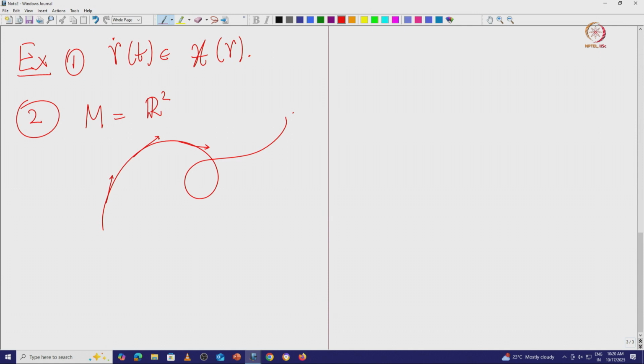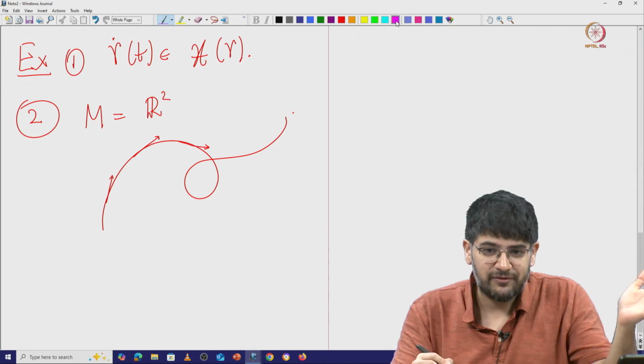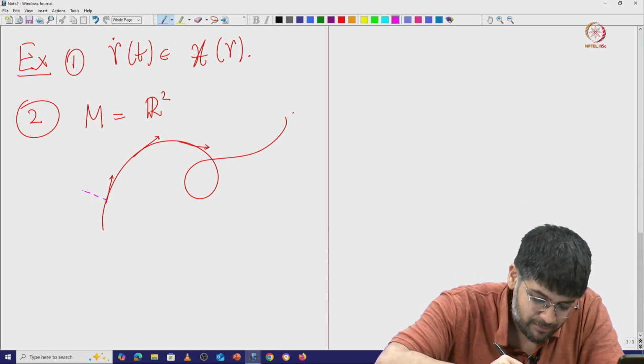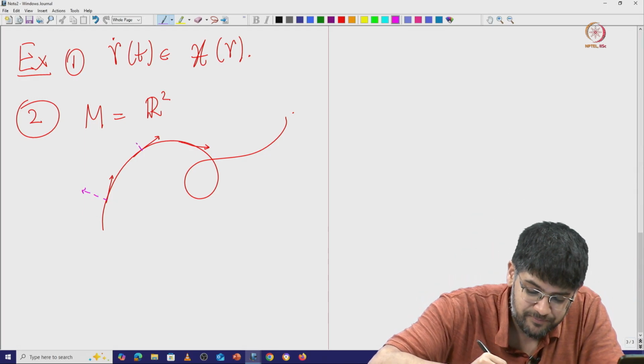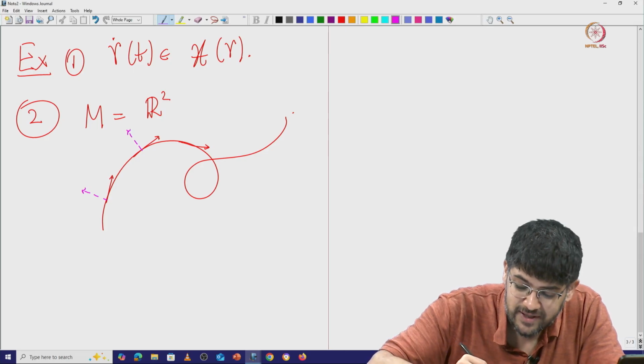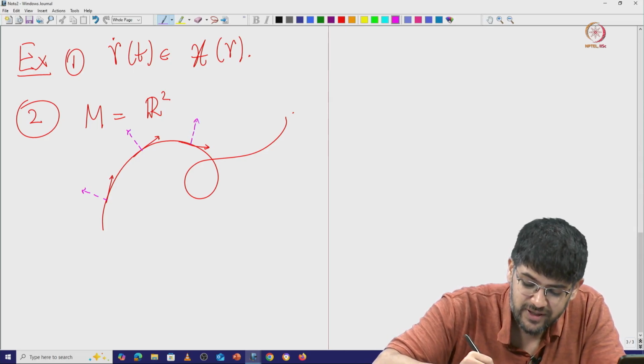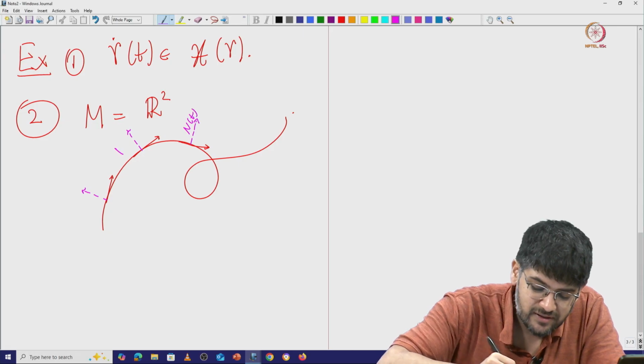At each point I rotate the velocity vector by 90 degrees in the counterclockwise direction, which we already discussed in our second lecture, and call that n of t.